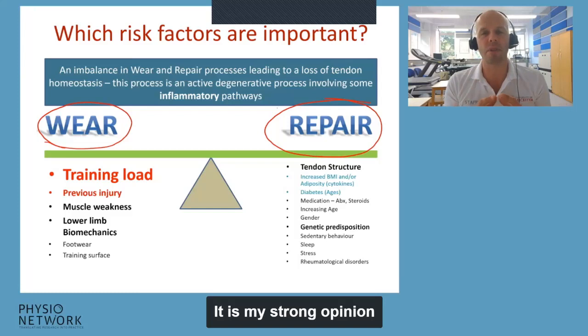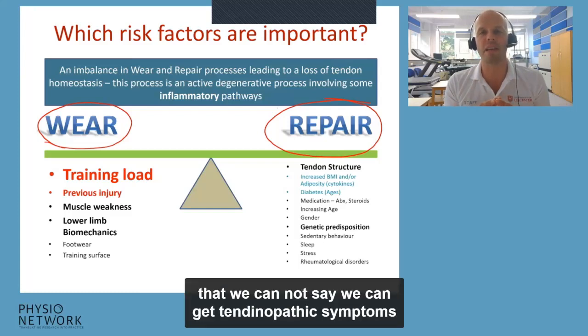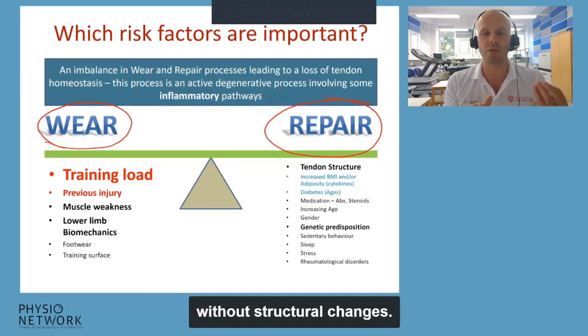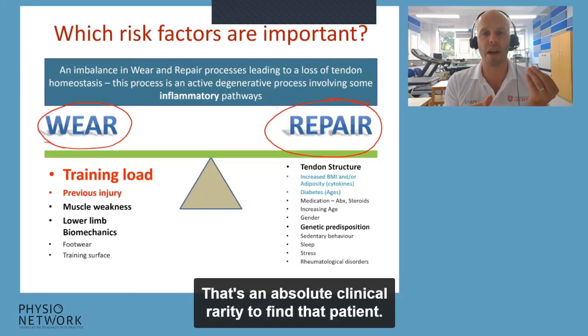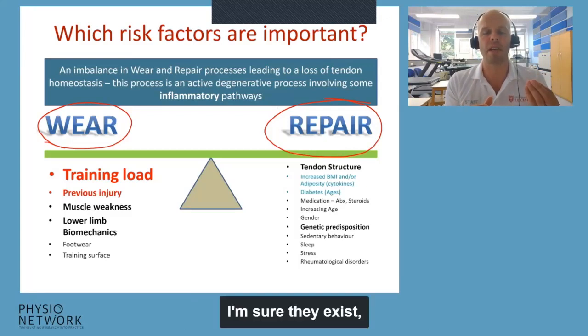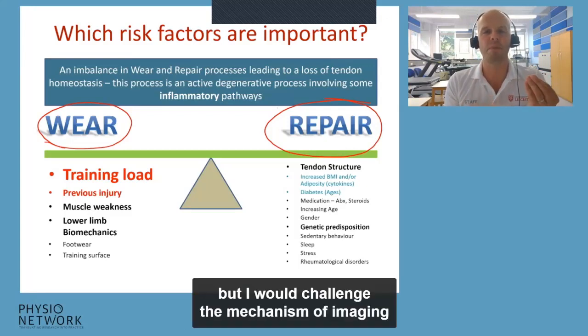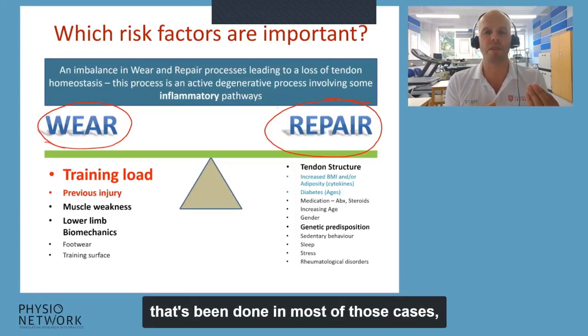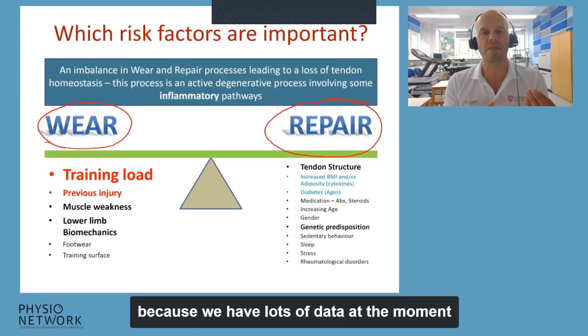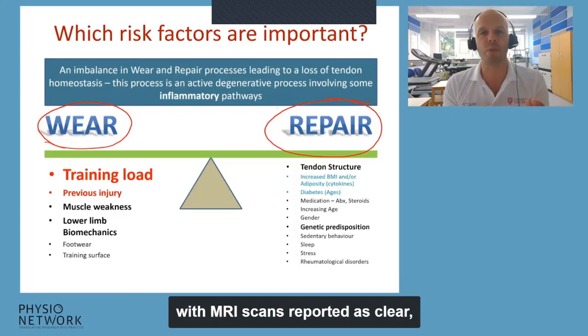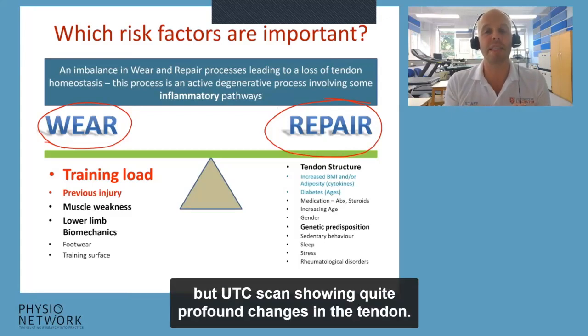Okay, it is my strong opinion that we cannot say we can get tendinopathic symptoms without structural changes. That is an absolute clinical rarity to find that patient. Okay, I'm sure they exist, but I would challenge the mechanism of imaging that's been done in most of those cases, because we have lots of data at the moment with MRI scans reported as clear, but UTC scans showing quite profound changes in the tendon.